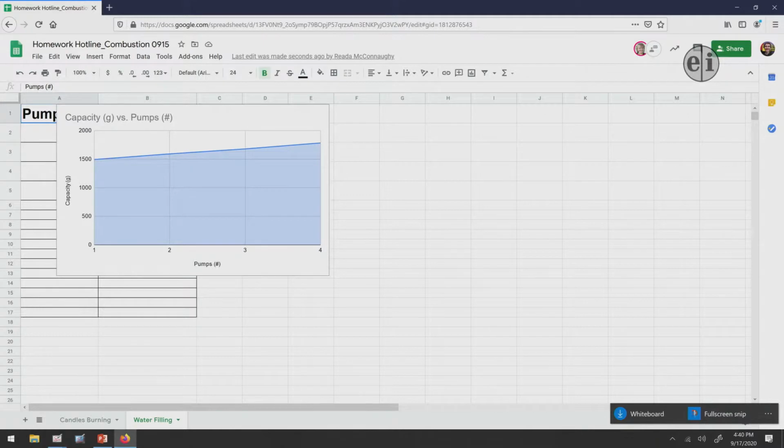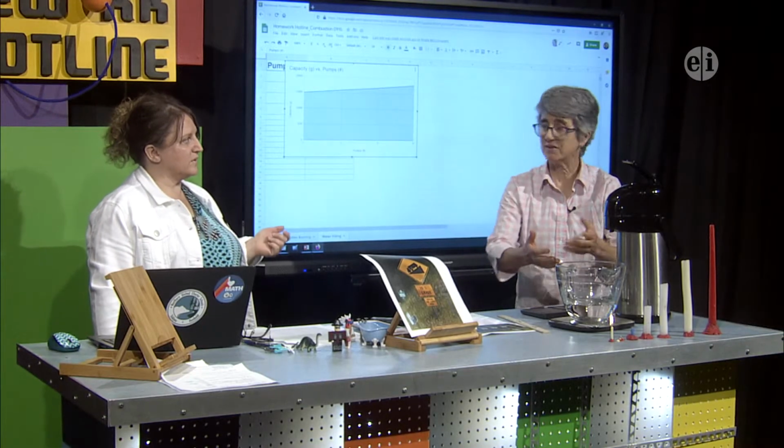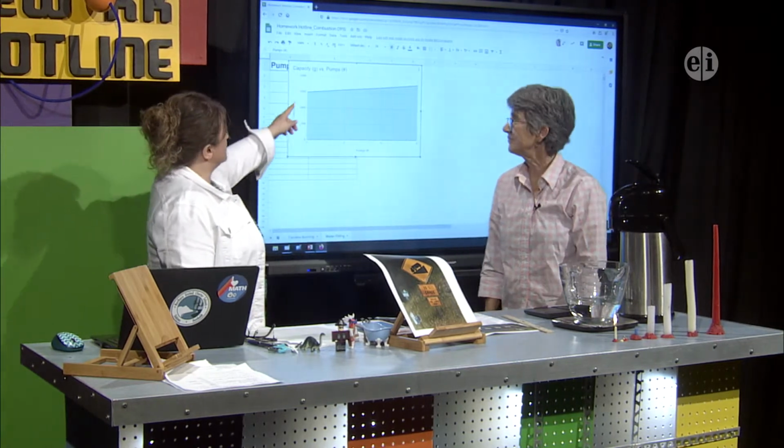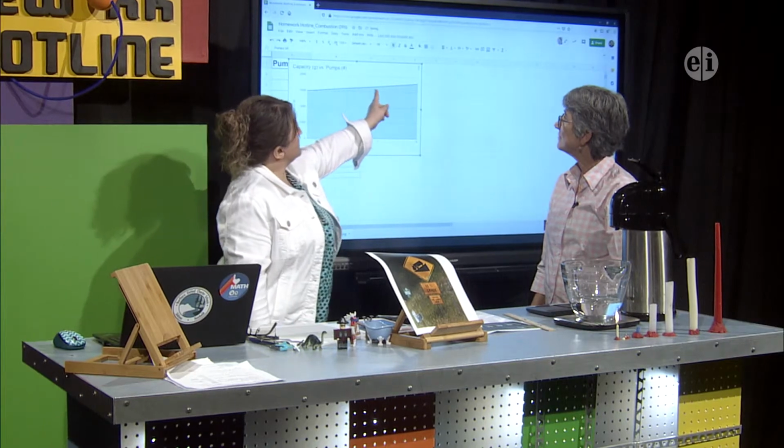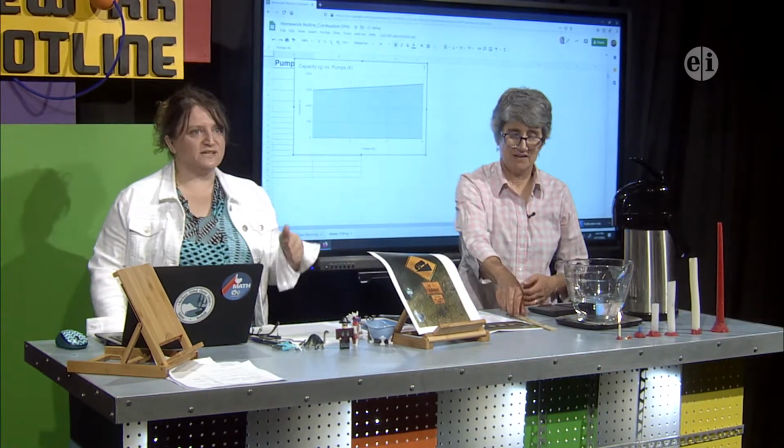So, Pam, if the blue represents the water, at pump 0, way over here, why is it at 1,500 grams? Because we're also weighing this contraption, the bowl. So really the water is just this triangle part up here. And it's increasing.